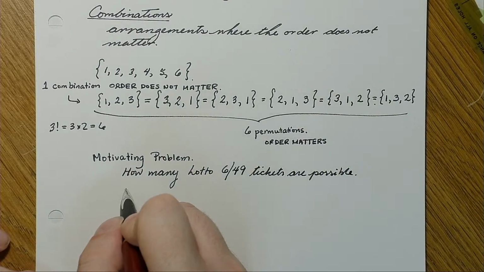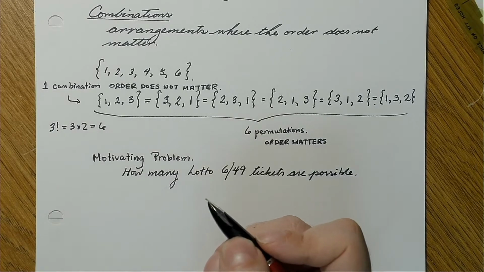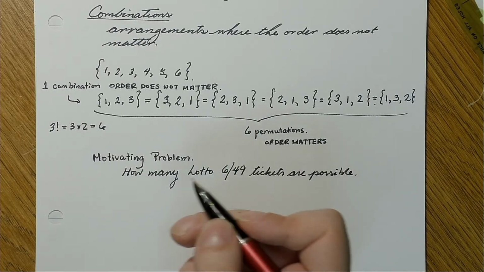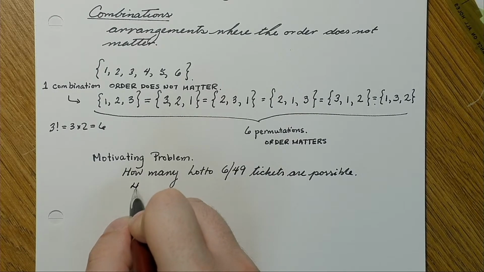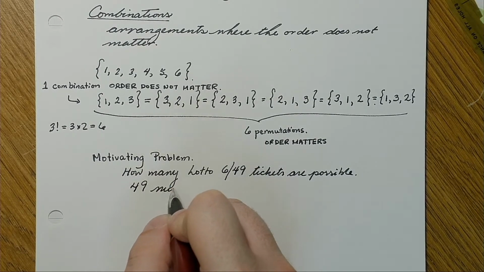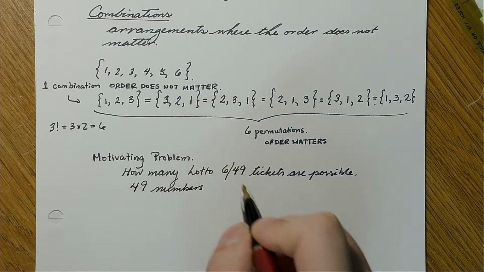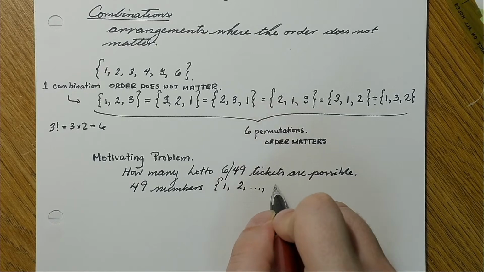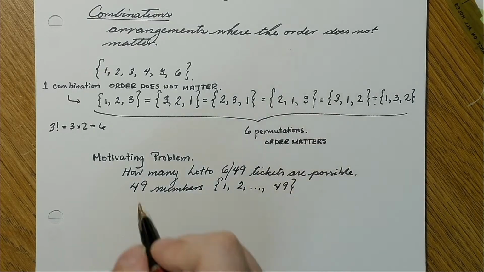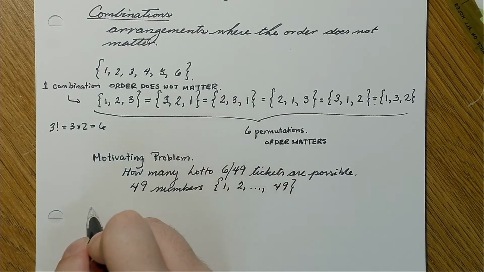If you're not aware, Lotto 649 is a lottery in Ontario, where there are 49 numbers, one, two, all the way up to 49, and then you pick 6.